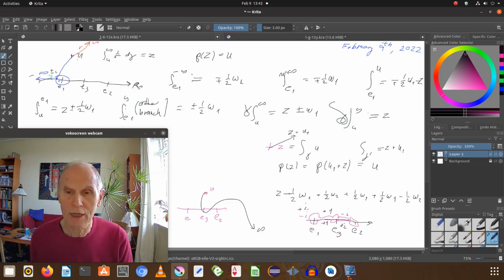Oh my God, I've made the wrong sign here. So, no, that's the plus, and that means that the way out gives minus 1/2 omega 1.